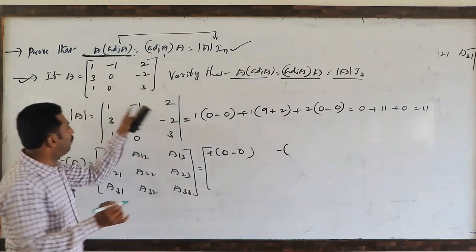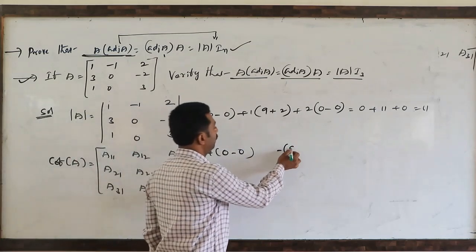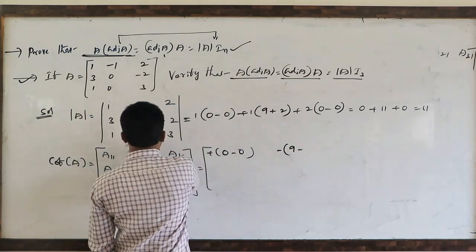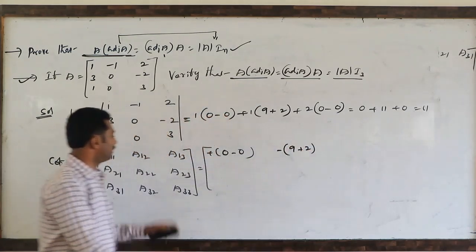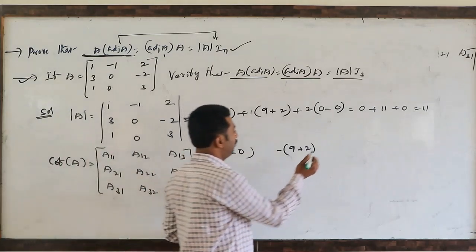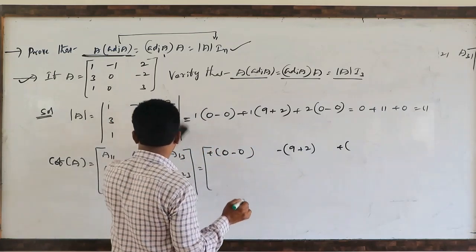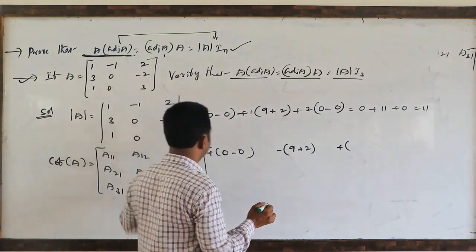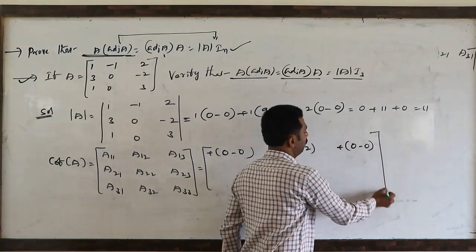First row, second column you delete. 3 into 3, 9. Minus 1 into minus 2, this is plus 2. Next, A13: 1 plus 3, even number, 4. Even number means plus sign. First row, third column you delete. This is 0 minus 0.